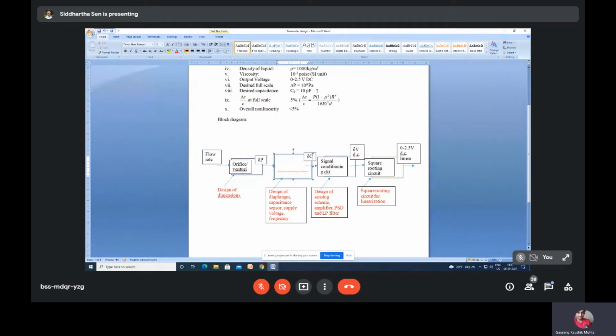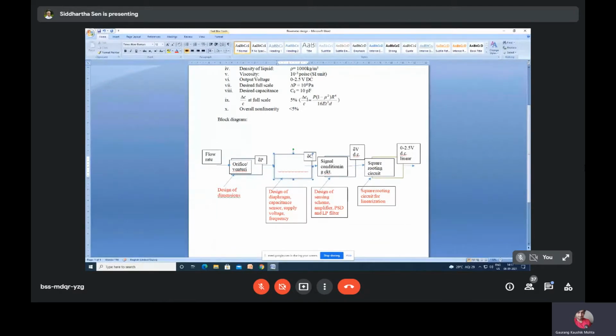So for the desired capacitance C0, you design the diaphragm and the gap such that the nominal capacitance C0 is around 10 picofarad. And you look for delta C by C, the percentage change in capacitance, to be around 5%.